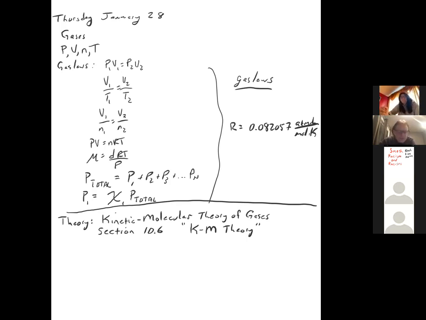The underlying theory is that molecules, if we're talking about gases, are in motion. They're moving around. They have kinetic motion, kinetic energy. Okay? So really the idea is gases are comprised of large numbers of molecules in motion.